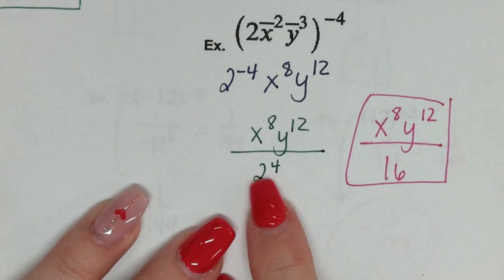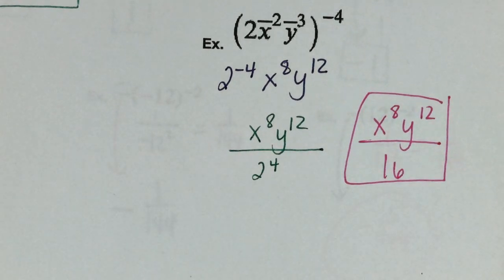If you put this, it's the same thing. I just expanded 2 to the 4th. How did we do? Good? Or are we starting to catch on?